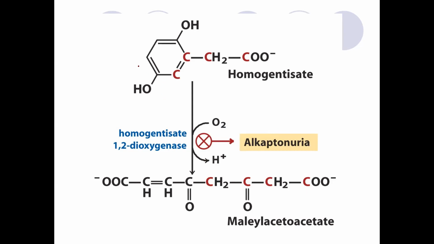And then this business here is essentially this right here. So this carbon right here, let's circle it here, is this carbon right here. So that's converted into a ketone from an alcohol. This double bond gets moved over here. And then this gets converted into a carboxylic acid here.